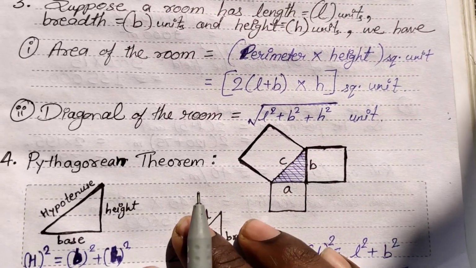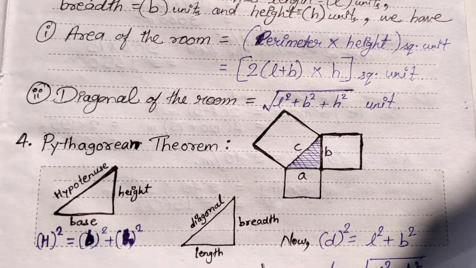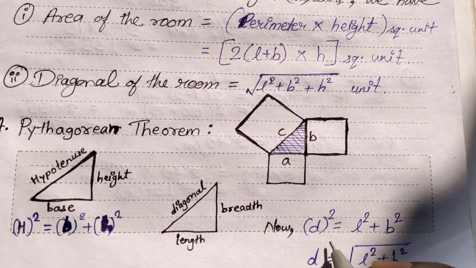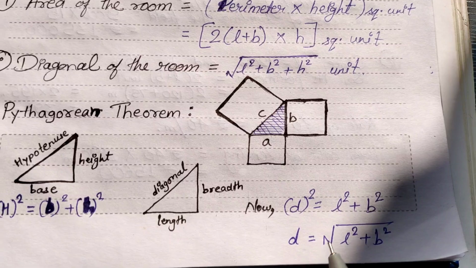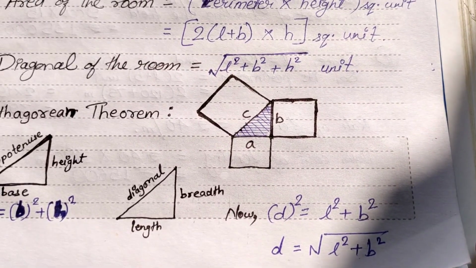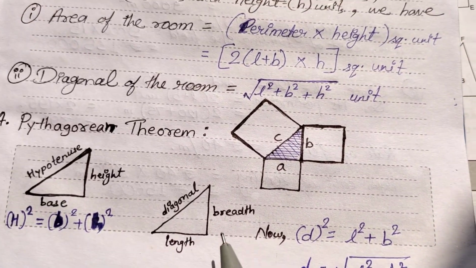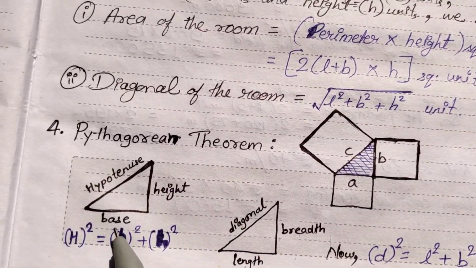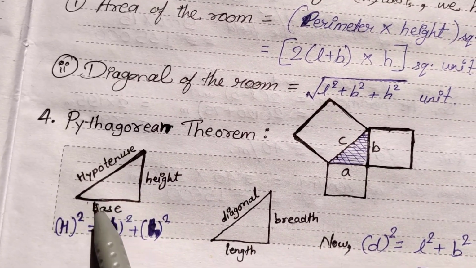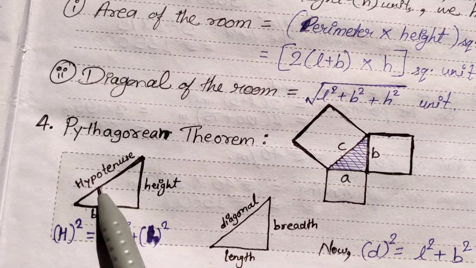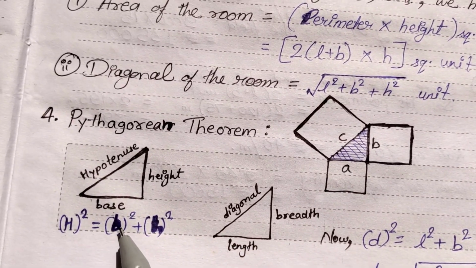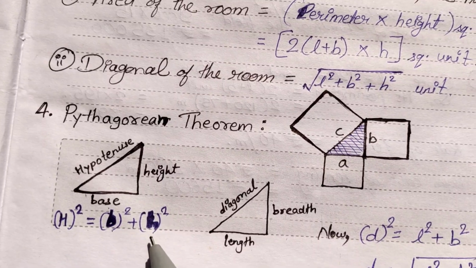Now the fourth point is the Pythagoras theorem. What is this Pythagoras theorem? As we know, diagonal square is equal to length square plus breadth square, or say diagonal is under root length square plus breadth square. So where does it come from? It comes from the Pythagoras theorem. See this: this we call base, this is height, this is hypotenuse. And the formula is hypotenuse is equal to under root of square of base plus square of height.